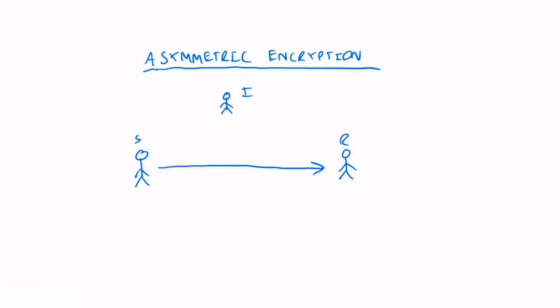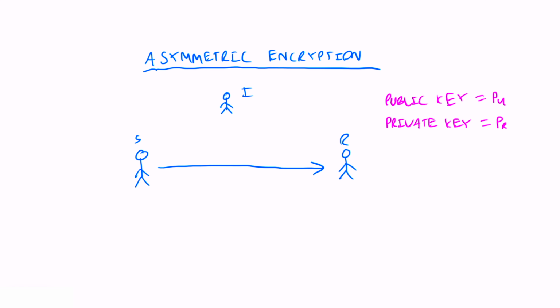So the way asymmetric encryption works, two keys are used, a public key and a private key. So how this will work is if we have a sender and a receiver, the receiver generates the keys. So the receiver will generate a mathematically related public and private key pair.